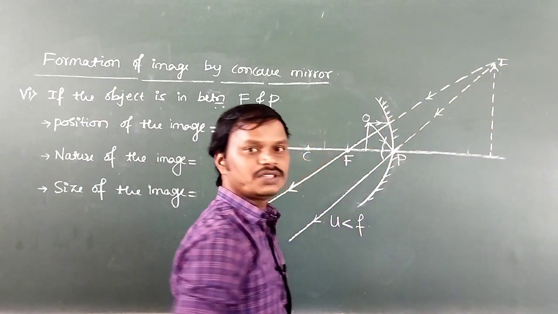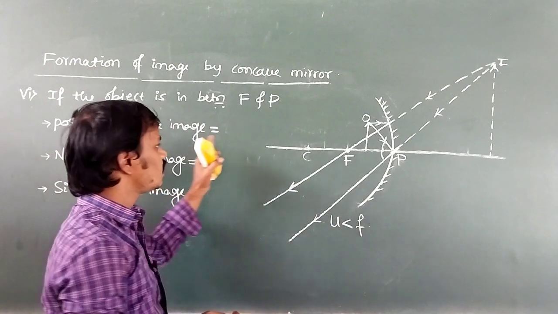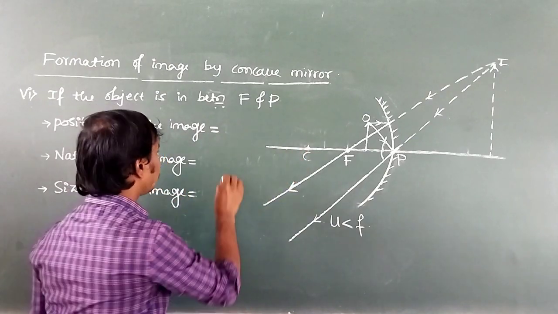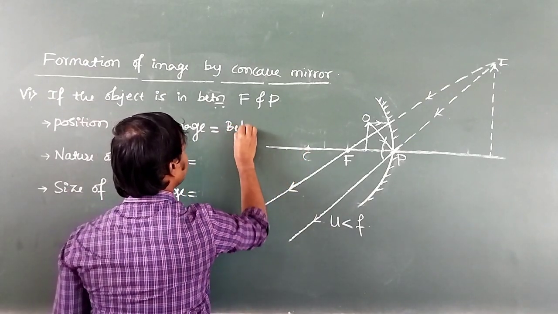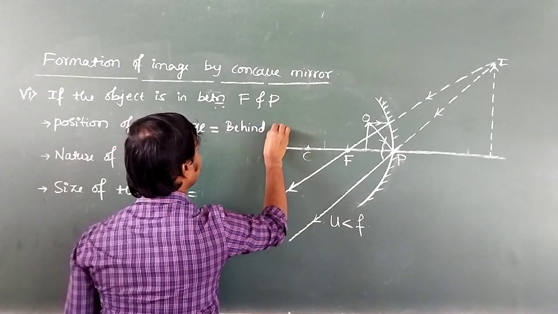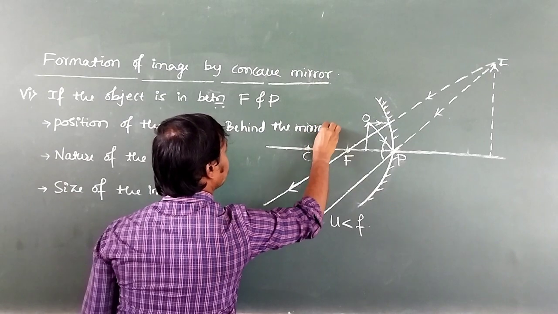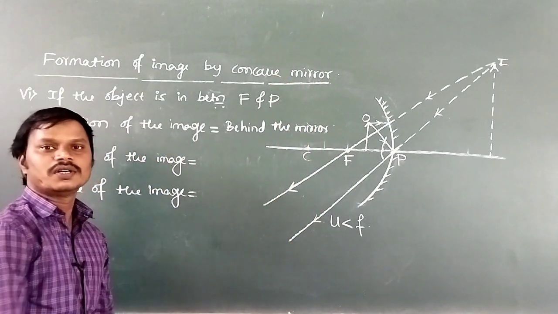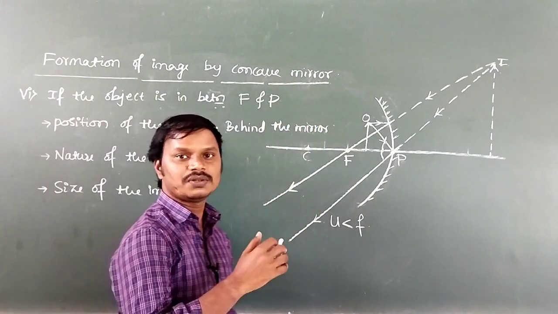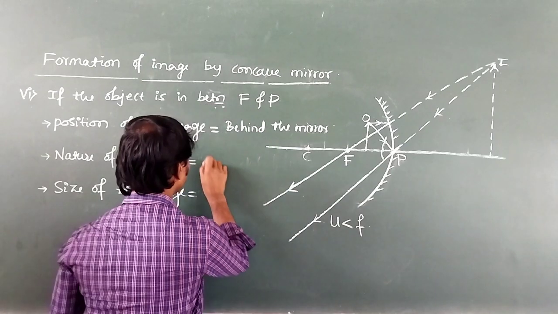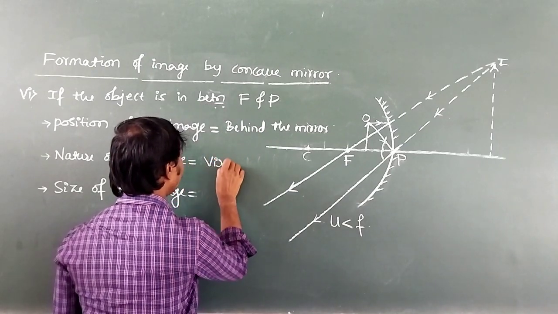Now what is the position of the image? The image is formed behind the mirror. And now what is the nature of the image? Virtual and erect.